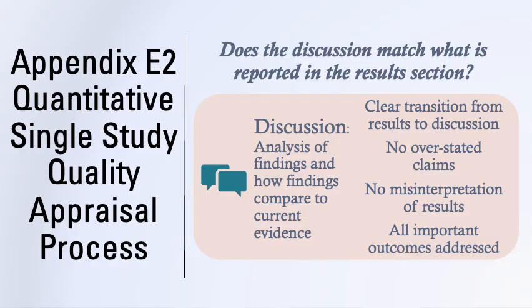In other words, the discussion should be consistent with the findings presented in the results section. You want to ensure that the discussion does not make any overstated claims or misinterpret the results. You also want to ensure that all important outcomes were addressed in the discussion, even those outcomes that may not be consistent with previous research or support what you were hoping to find.